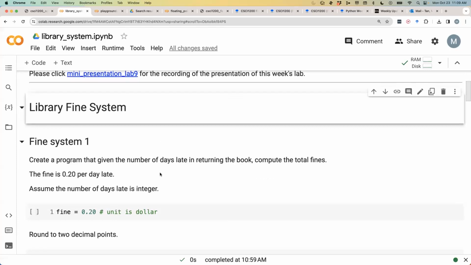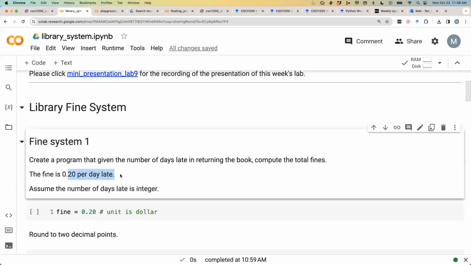So if you go to a library, for example, the Columbia County Library, and you return a book late, the book that you borrowed, you will incur a fine. The fine is 20 cents per day late. Okay, so now you are asked to create a program for this library fine system where, given the number of days late in returning the book, you compute the total fine.